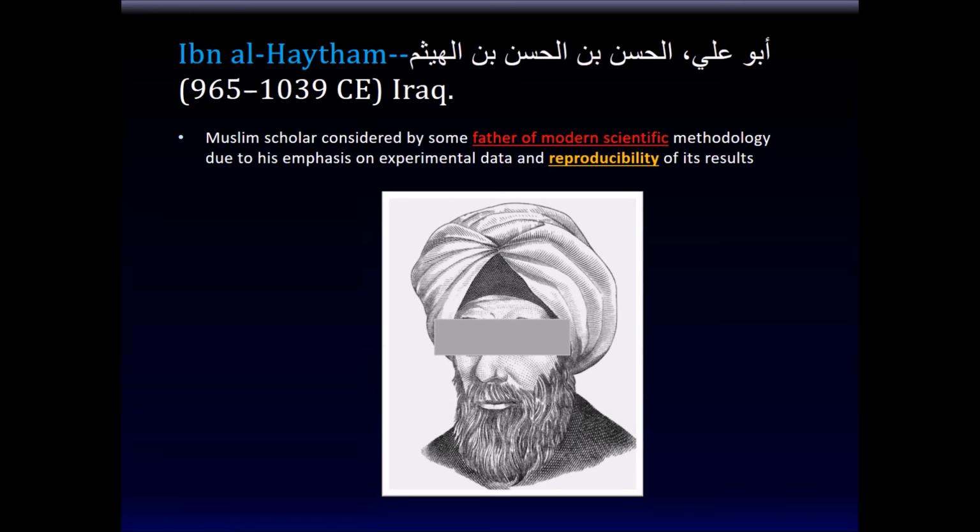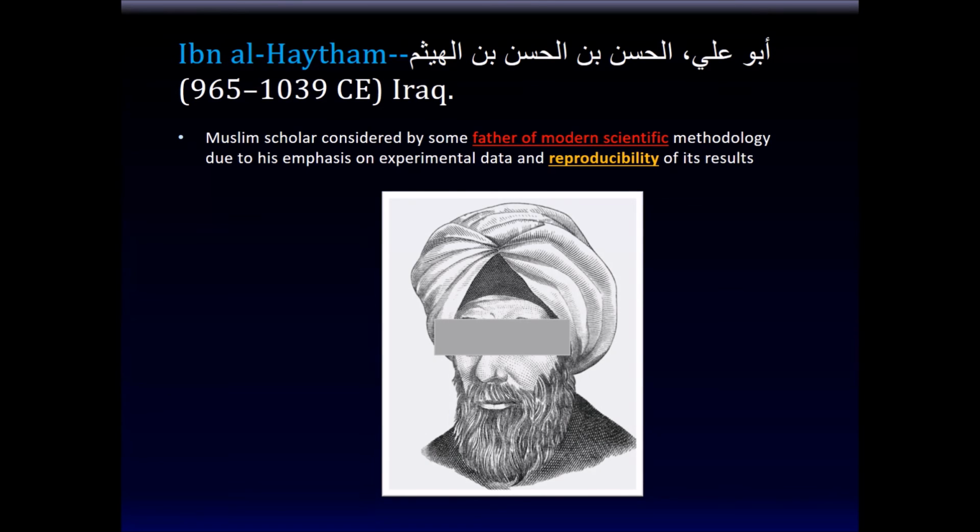Why? Because of one principle. One important principle. Very important principle. We're talking about how we study science, how we study biology. One important principle, and that is his emphasis on experimental data. Right? Experimental data and reproducibility of the results.